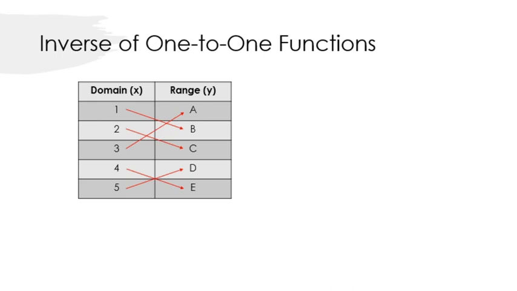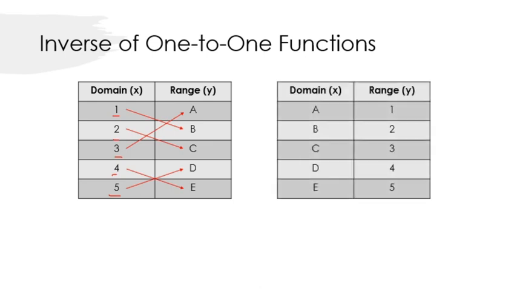Walang umulit na x value, wala ring umulit na y value. Function ba siya? Yes, kasi lahat ng x natin paired exactly once. Walang umulit na x. May umulit ba na y? Wala rin. So, we can say that this is a one-to-one function.